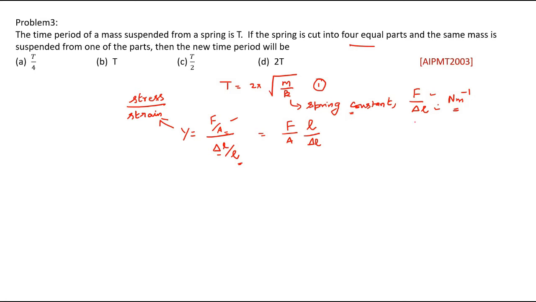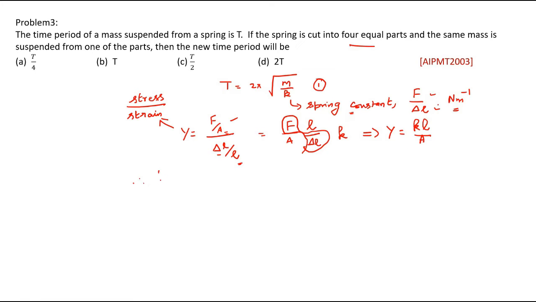But this F by delta L you can write as the force constant. So Y is equal to K L by A, where K is the force constant.